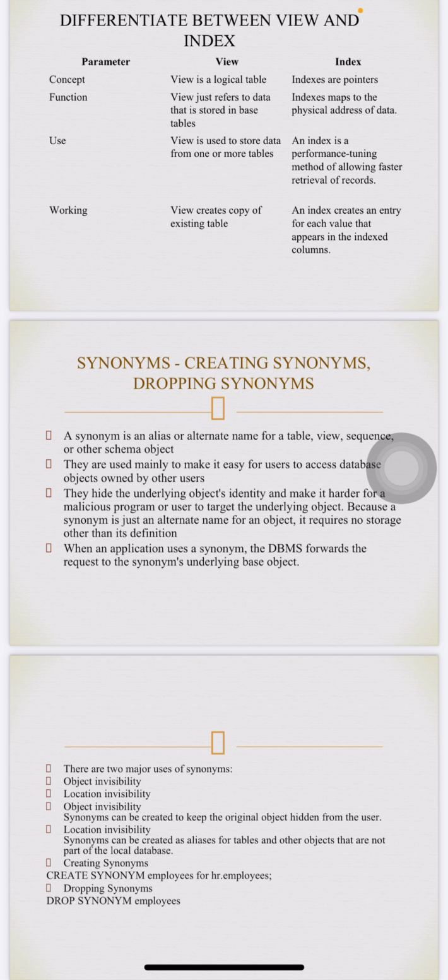Location invisibility synonyms can be created as aliases for tables and other objects that are not part of the local database. Creating synonym: create synonym employee for hr.employees. Dropping synonym: drop synonym employee.